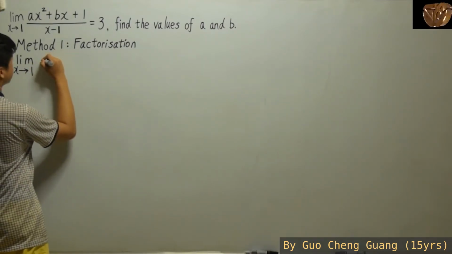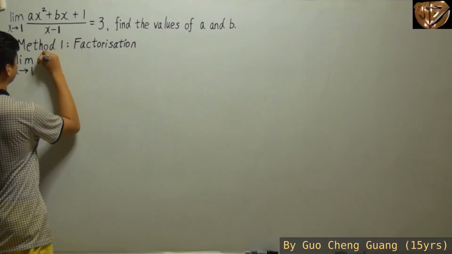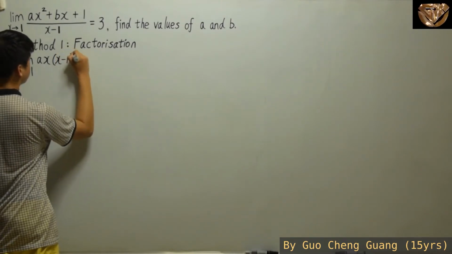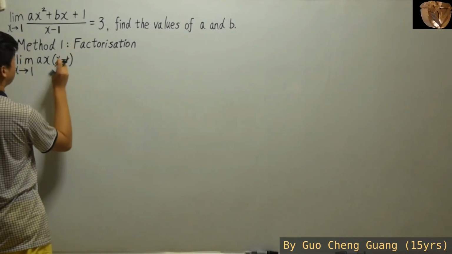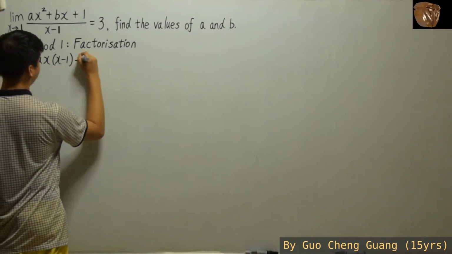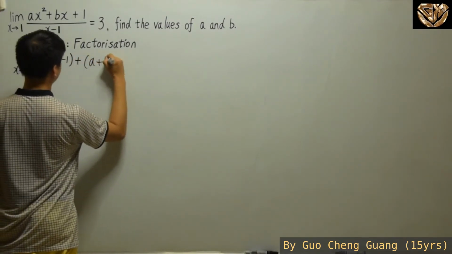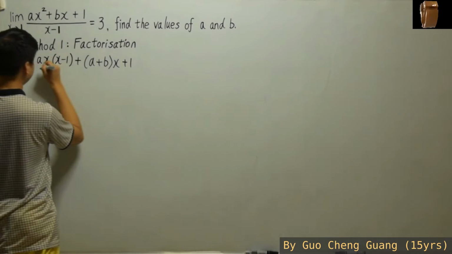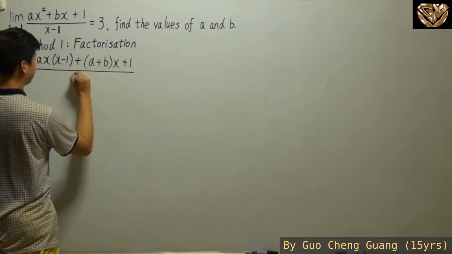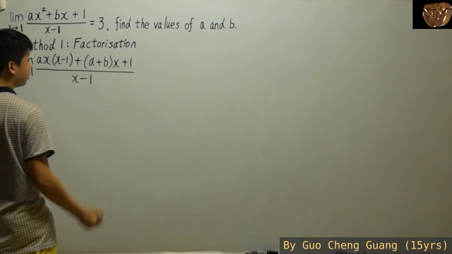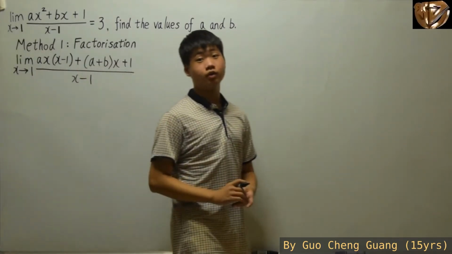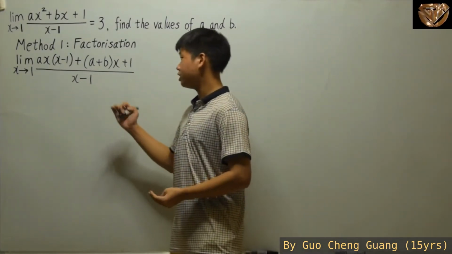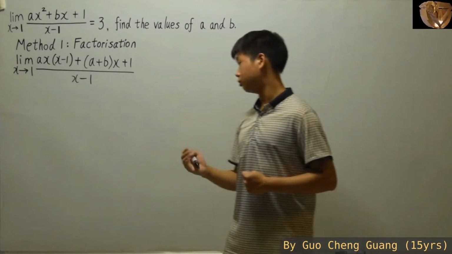ax squared plus bx plus 1 over x minus 1. So how about we change the ax squared into ax multiplied by x minus 1. But since now you have an extra minus ax, you have to add back that ax. We can combine it with the next term to form a plus bx. Now, from here, you can use partial fractions to remove your first term from the fraction already.